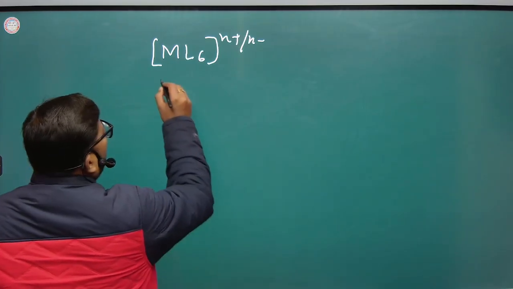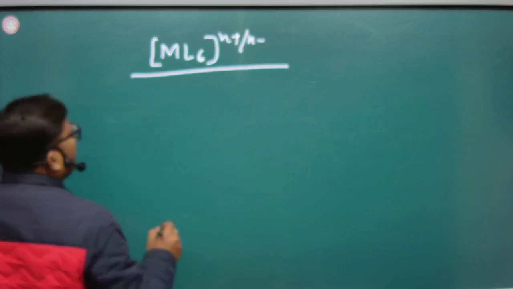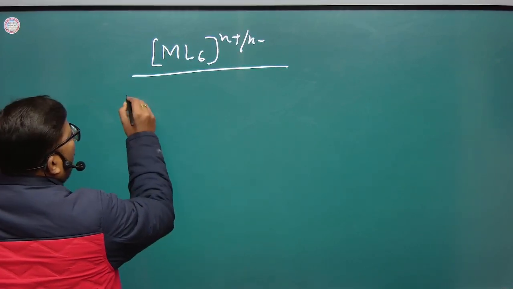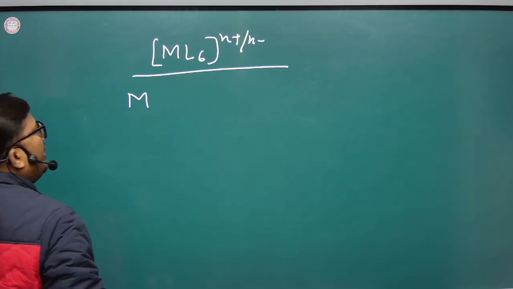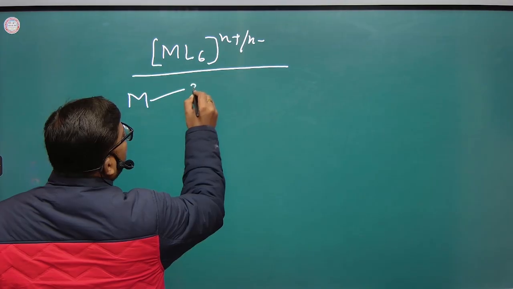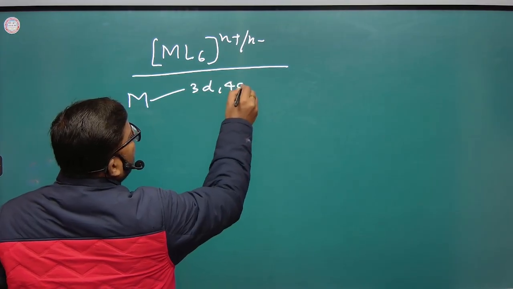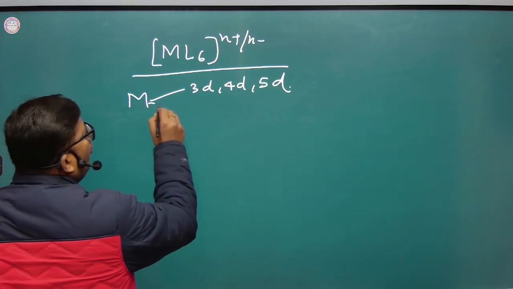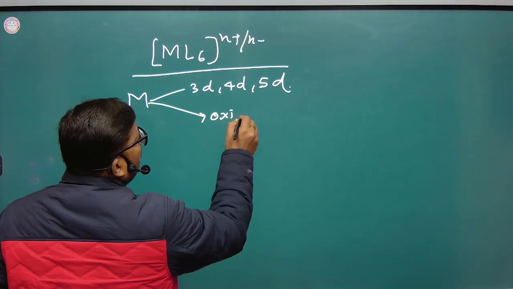So how is this different in structure? This depends on the metal. The metal is either 3d, 4d or 5d. And what is the oxidation state of this metal?